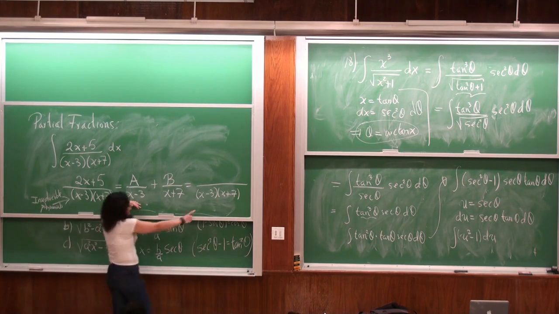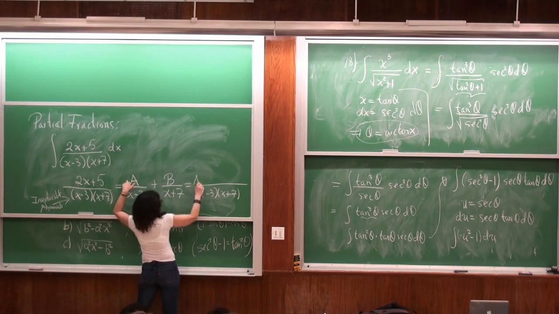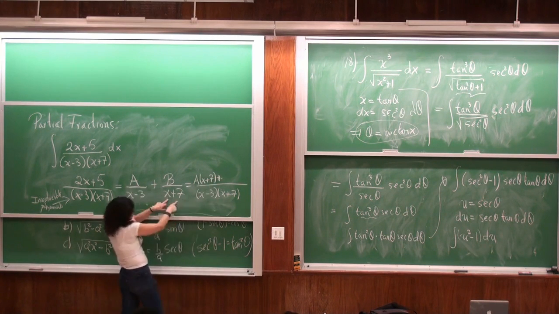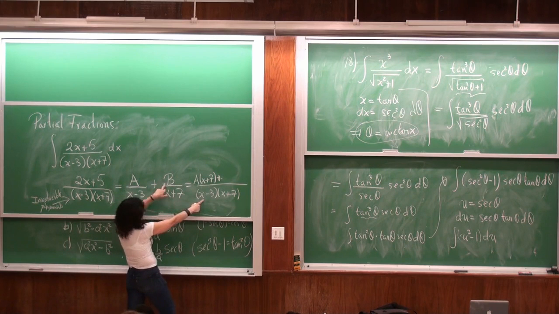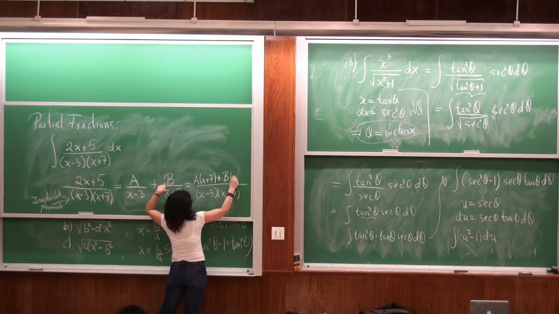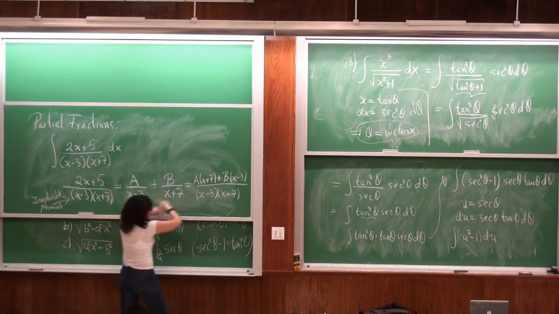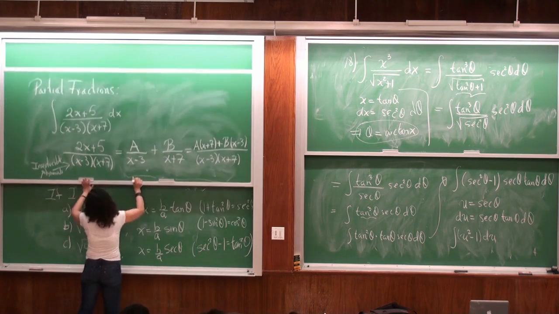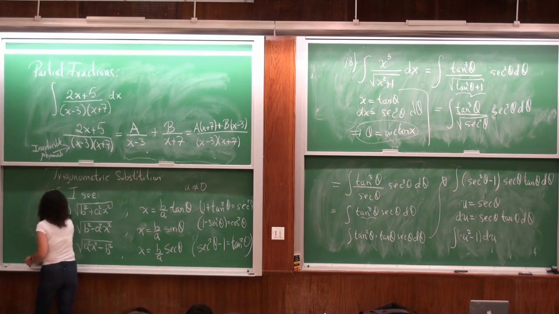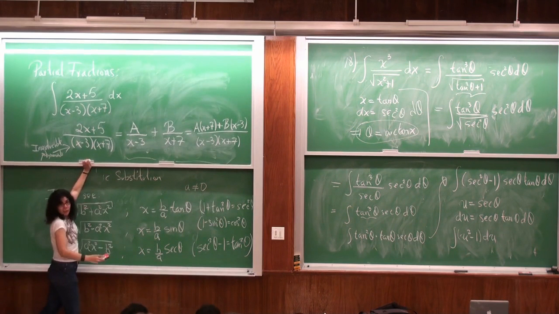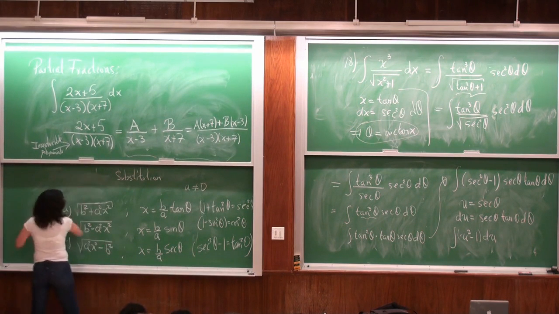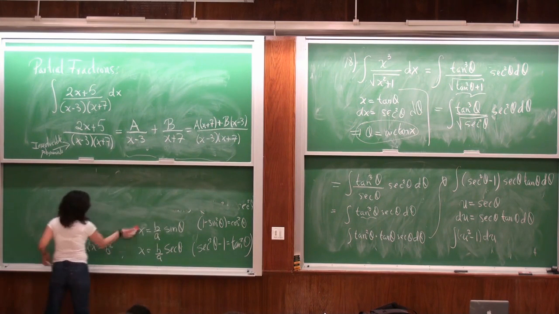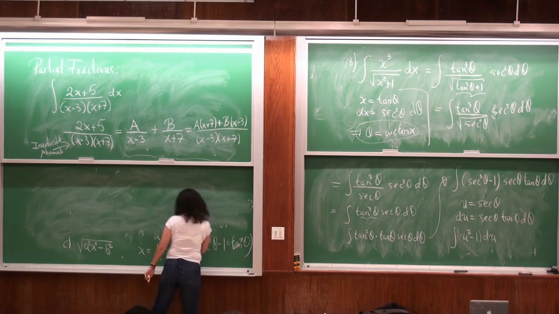This guy is missing, so this should be A times x plus 7, plus, if I compare this with this, what is missing? x minus 3, so it should be plus B times x minus 3. And then I'm going to expand the top and see what I get. Any questions? Clear? Let me know if I'm confusing you.